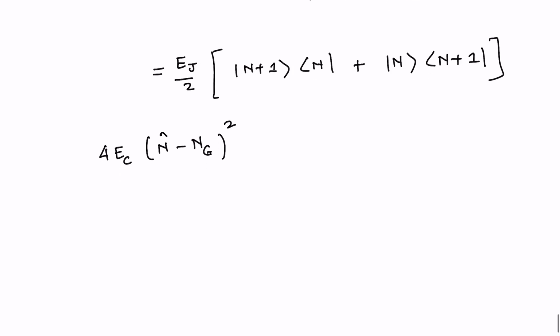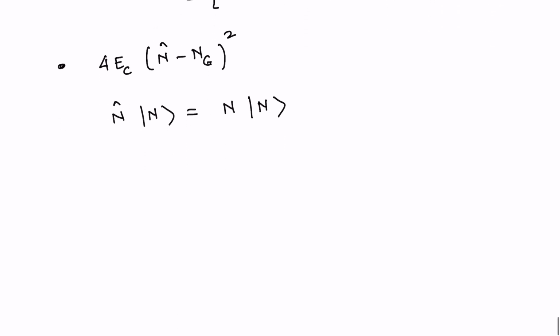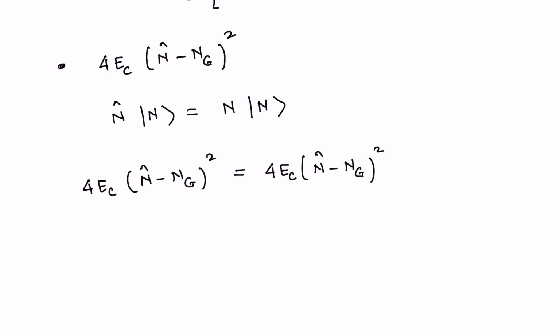Now because of the fact that this number operator has this property, n cap ket n is equal to n ket n, so 4Ec (n cap minus nz) whole square, I can now write it, again putting this identity operator here, as the sum over n from minus infinity to plus infinity of ket n bra n.